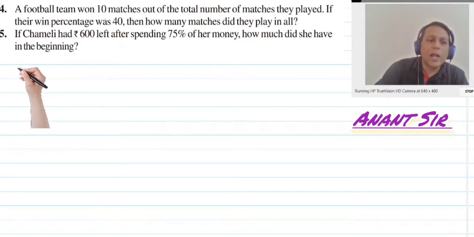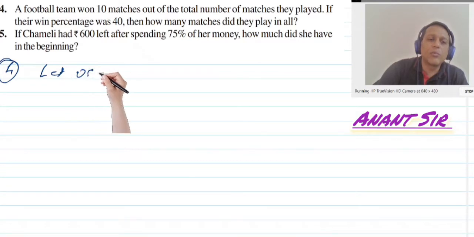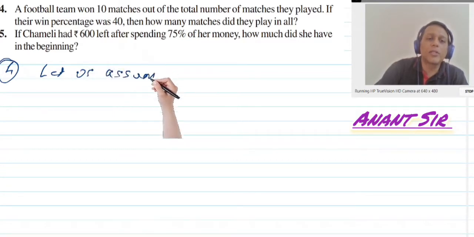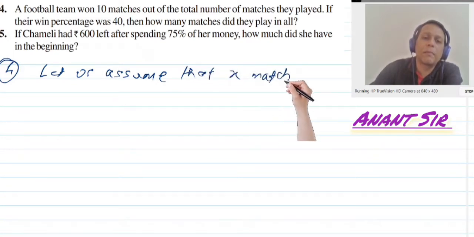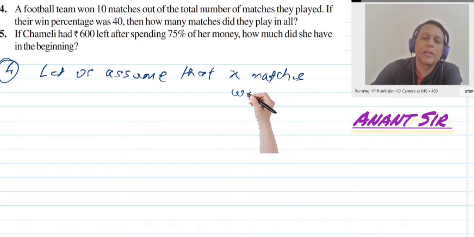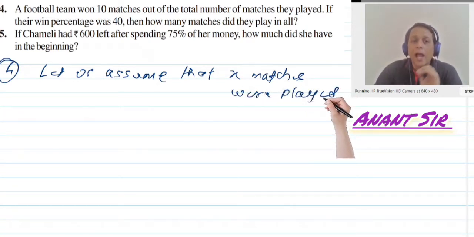So let's start by saying, let us assume that they have played X matches. Let us assume that X matches were played. Now, out of the X matches played, how many have they won? They have won 10.